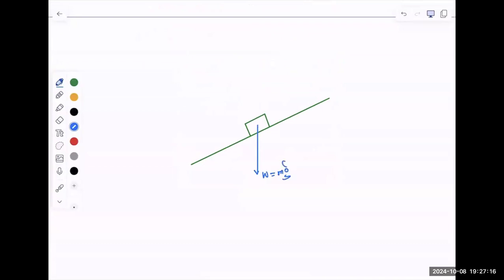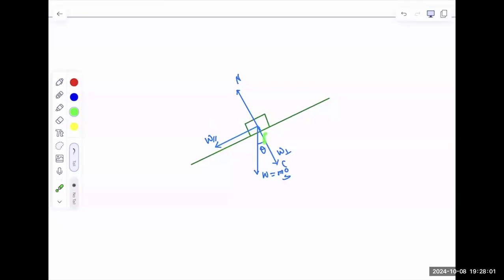Then there is a normal force, perpendicular to this surface. And there is an opposite, reaction force in this direction, which is W perpendicular, making an angle theta. From this point there is a force acting in this direction, W parallel. What does this mean? This component of the force is responsible for this object sliding down the hill.